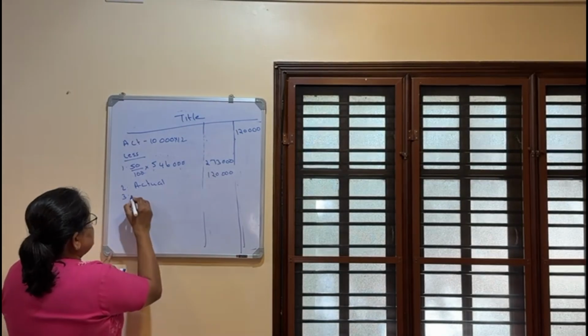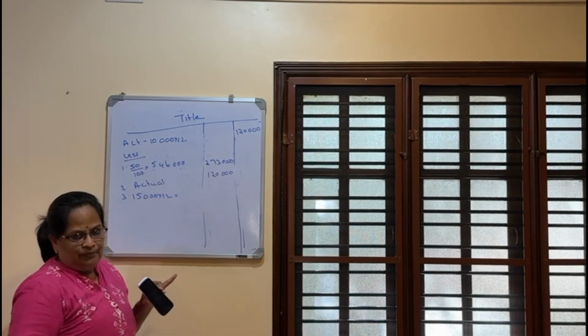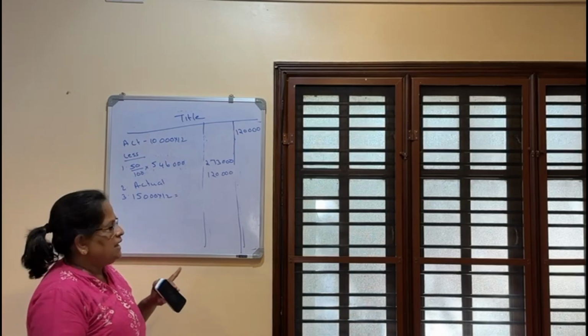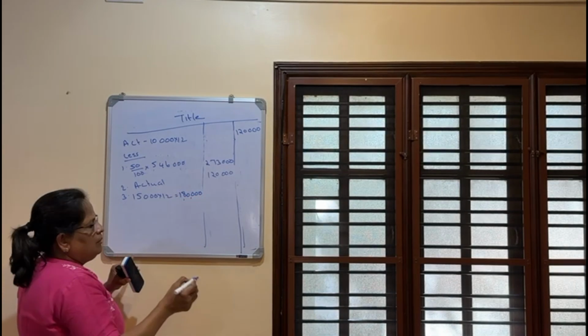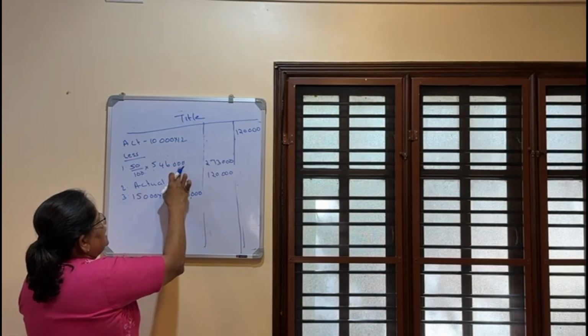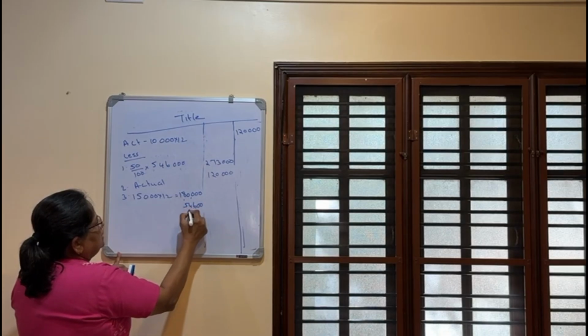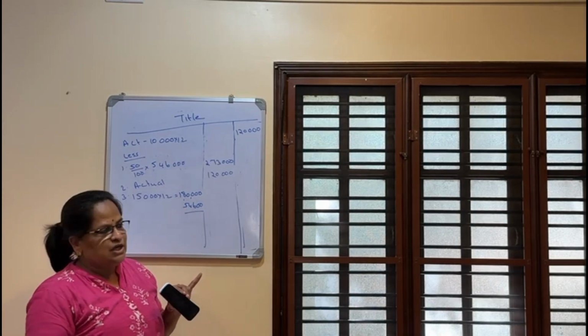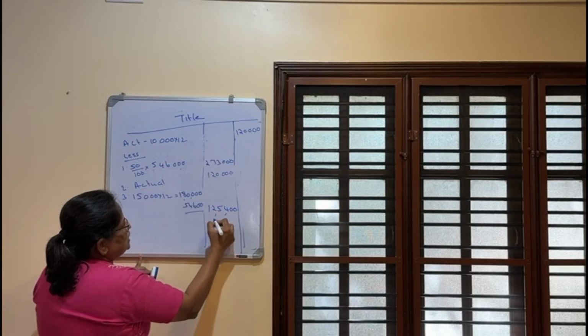Rent paid is 15,000. 15,000 into 12 is 1,80,000. Now minus 10% of salary, 5,46,000, that is 54,600. So the value is 1,25,400.